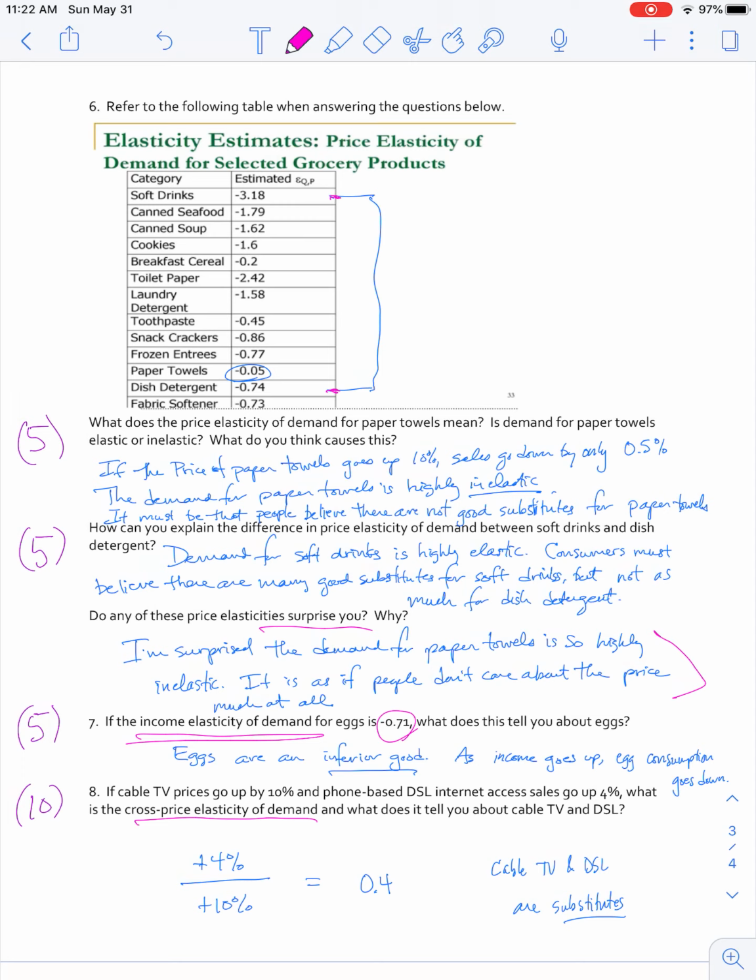So you look at the 10% increase in price that goes in the denominator, that's the price of cable. The 4% increase in DSL sales goes in the numerator, right? So it's the change in price of one good and the change in sales of the other good. That gives you 4% over 10%, which is 0.4. That's a positive value, and that positive value tells you that those two goods function as substitutes in the consumer's eyes.